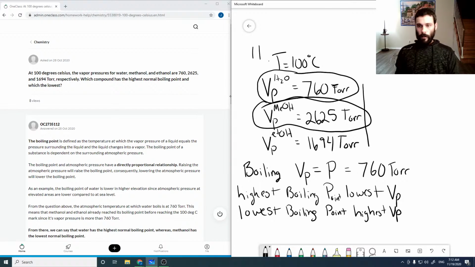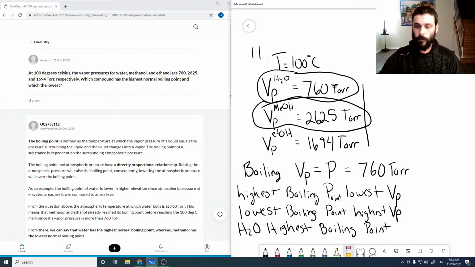So that means that water would have the highest boiling point, and it means that methanol would have the lowest boiling point.